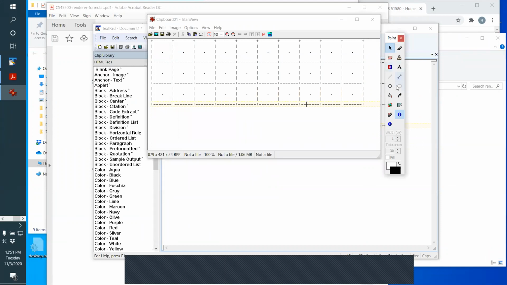Cool. There's the line. So now this pixel's turned on full. Now, in this column, which pixel would I turn on?